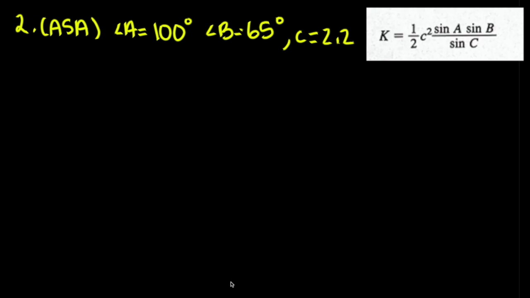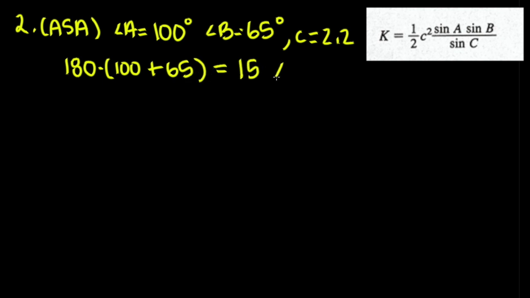We can easily find what the sine of C is since we know that there are 180 degrees in a triangle, and we can do 180 minus 100 plus 65. This equals 15. So we know that angle C in this triangle equals 15.